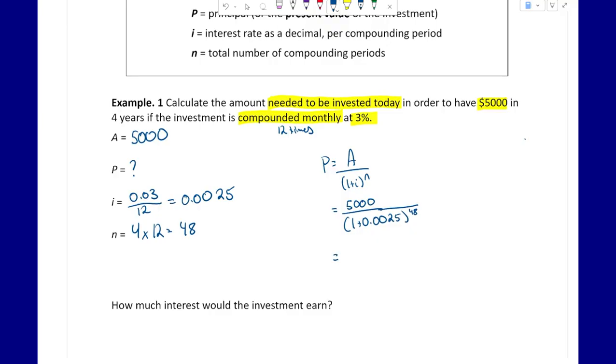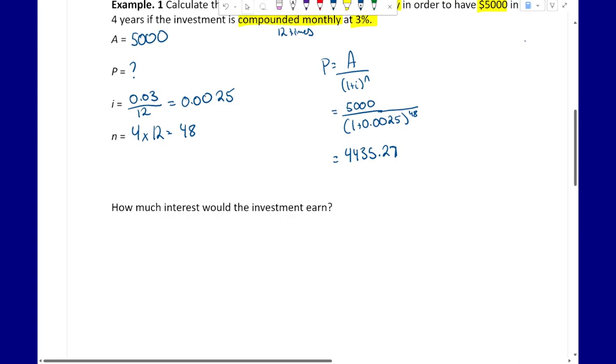Now you can do this in multiple steps, or depending on your calculator, how comfortable you are with it, you could do this all in one step. And we should get $4,435.27. So that means that if we want to have $5,000 in 4 years, we need to invest $4,435.27 now.